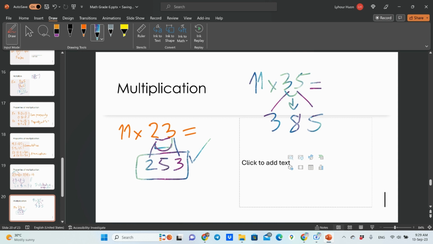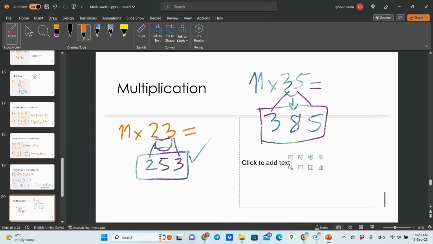Let's check. It is 385. So now you know another way to multiply with 11s very fast.